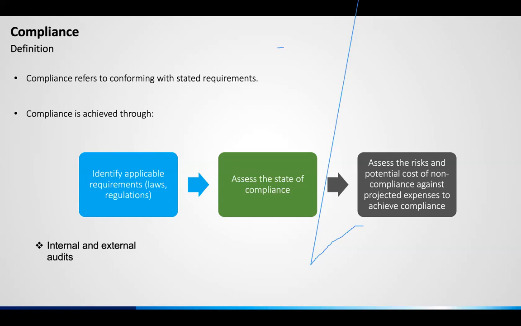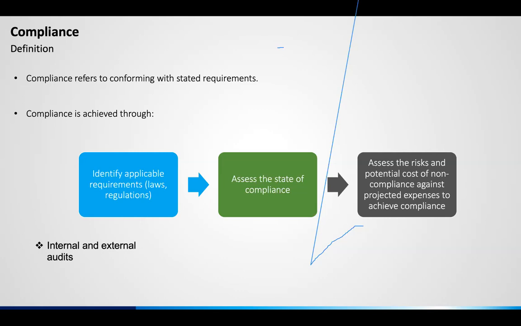And then lastly, we assess the risks and potential cost of non-compliance against projected expenses to achieve compliance. So what is the implication to, say, Bank ABC of not complying with the regulations of the CBK?